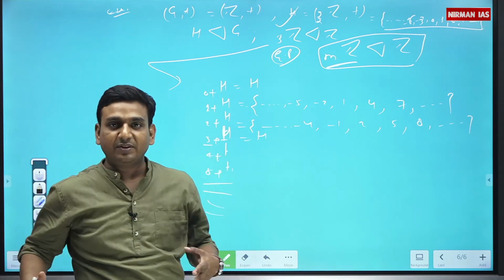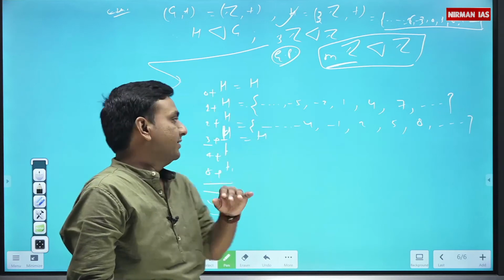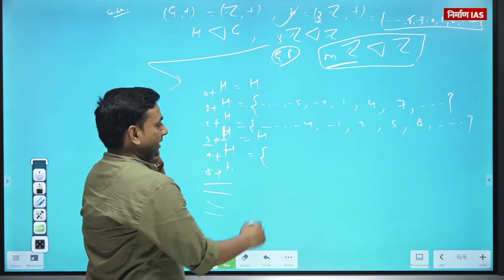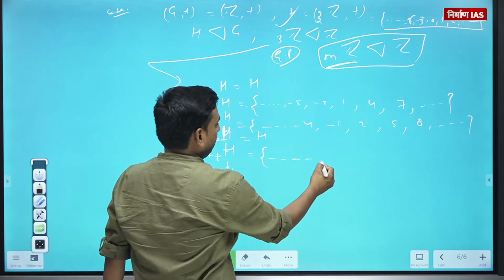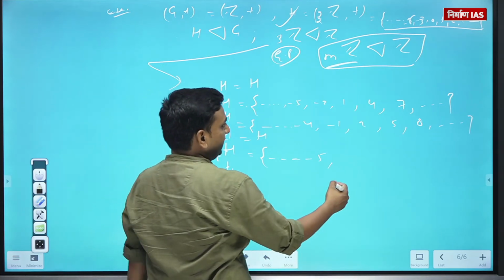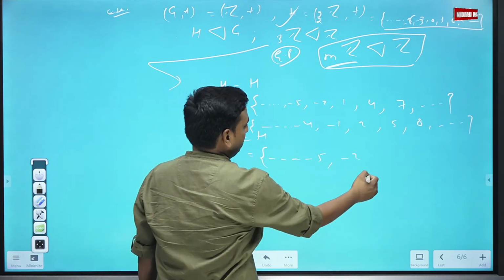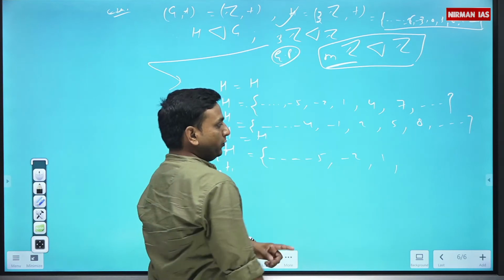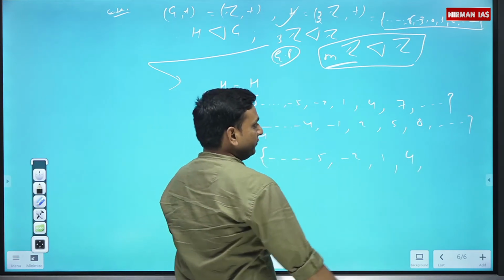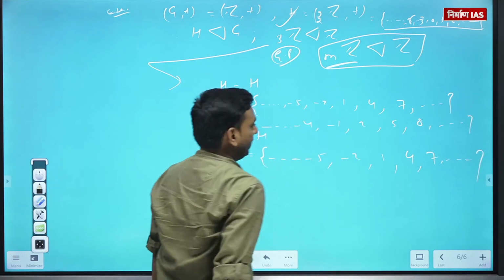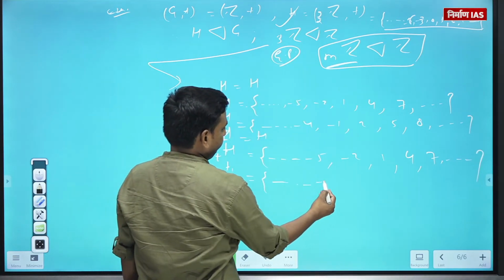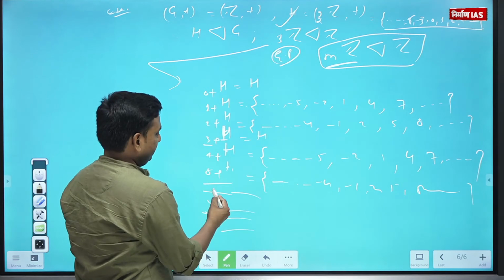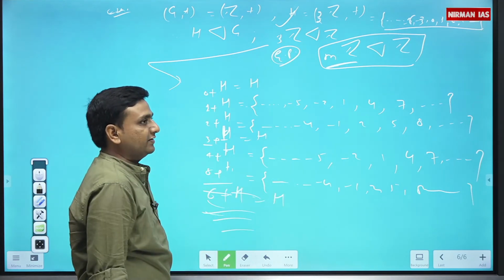If we keep adding 3 to all the multiples of 3, what will change? It is an infinite set. Now I want to know what is 4 plus H. Tell me: adding 4 to -9 gives -5, to -6 gives -2, to -3 gives 1, to 0 gives 4, to 3 gives 7, and so on. Similarly, you can go on. The same fashion will be repeating. 6 plus H will again give H.